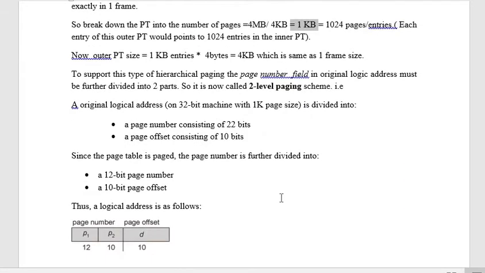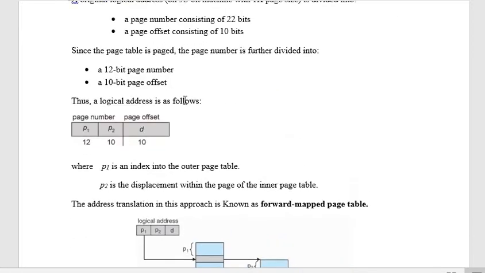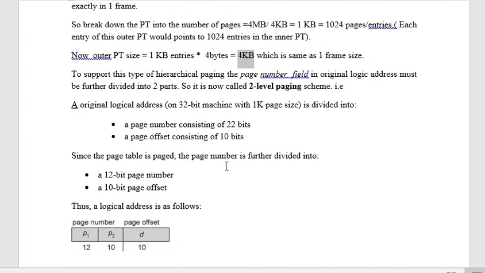When we divide each entry, that creates a smaller table, the outer page table, of size only 4 kilobytes. With the 4 kilobytes, when you divide this 22 further, it helps us to have only 12 bits. You should compute how many bits are required to represent the second page table, that is the outer page table. 4 kilobytes is 2 to the power of 2 into 2 to the power of 10, since 1 KB is 2 to the power of 10, so it would be 2 to the power of 12.